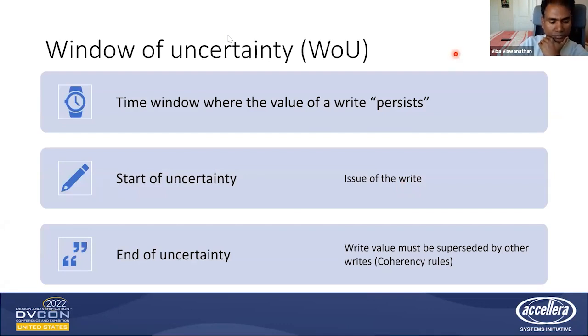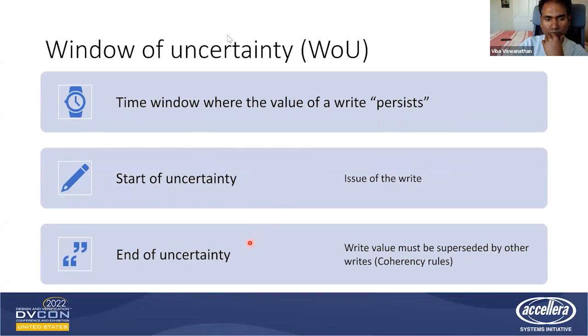How can we model the uncertainty introduced by a write? The first thing to note is that the uncertainty is finite in time. In other words, it is a time window where the value of a write persists. The start of uncertainty is always the time of issue of the write.